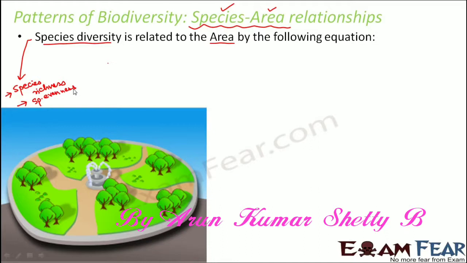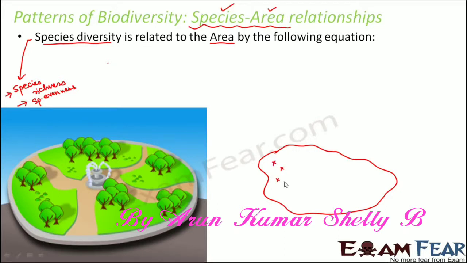Now, what do I mean by explored area? Let us suppose I talk about a particular region. When I say a region, I mean there is no particular limit, so I decide my limit to define a region. Let us say this is my region. This is just an example. Initially, organisms were living only in this much area of this entire region.